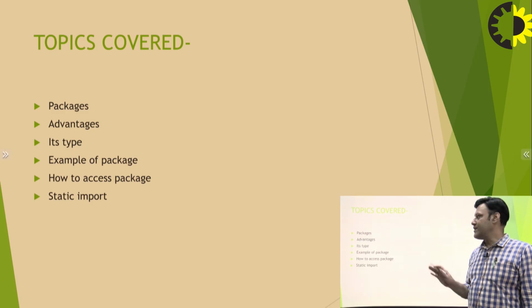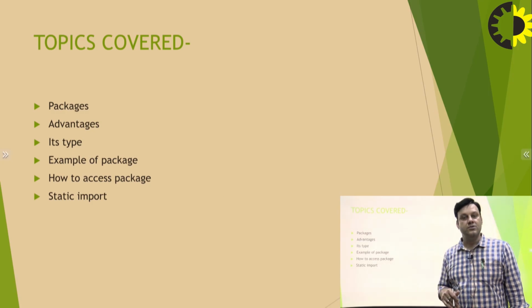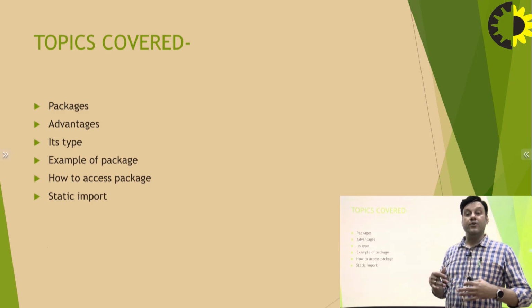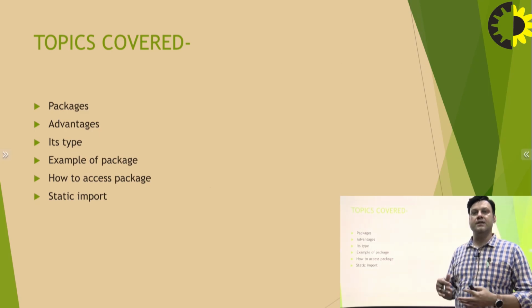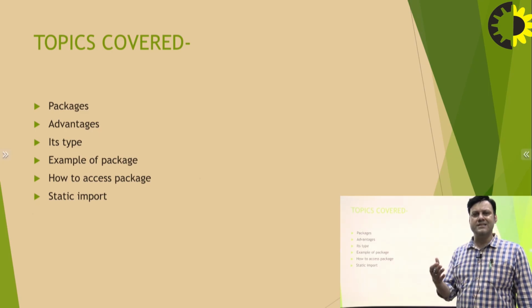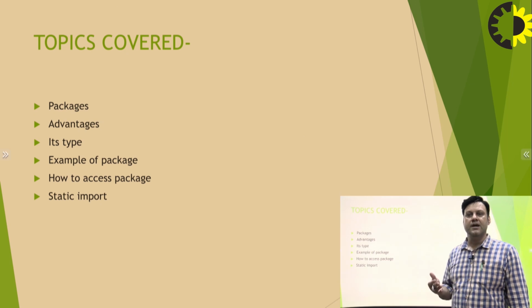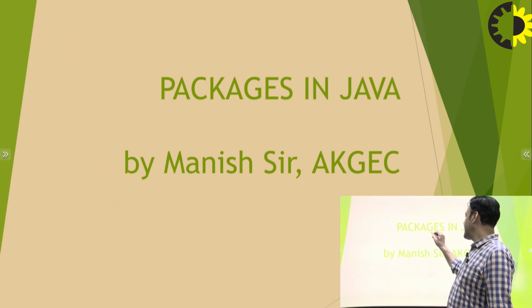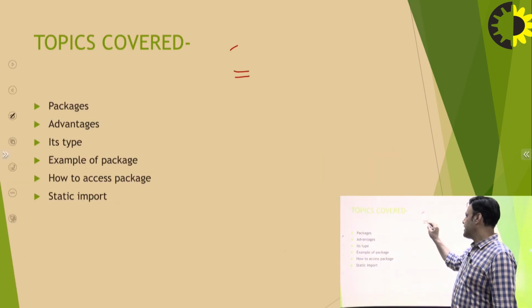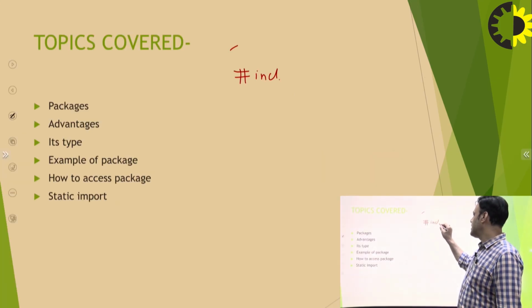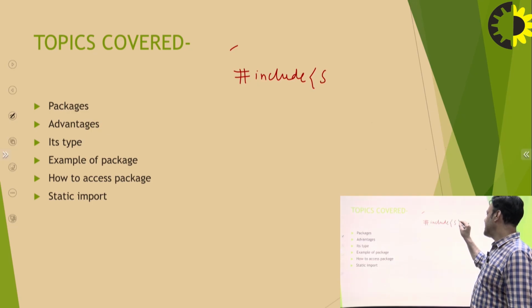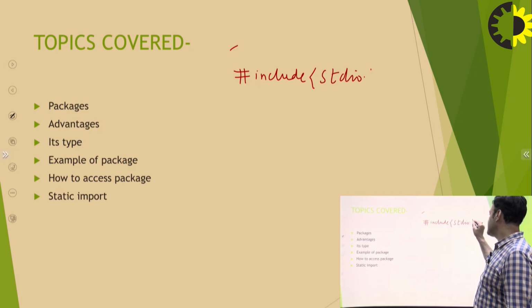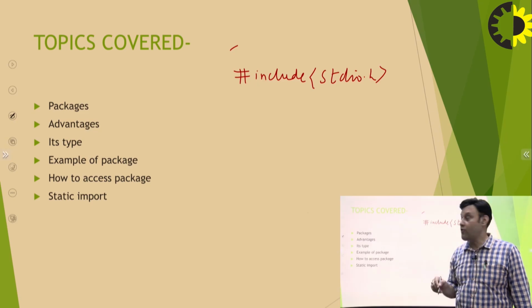When this package term comes, you have already studied it in other languages also, for example in C++. There you use a word like hash include stdio.h, right students? In the C language you already know this is a header file.